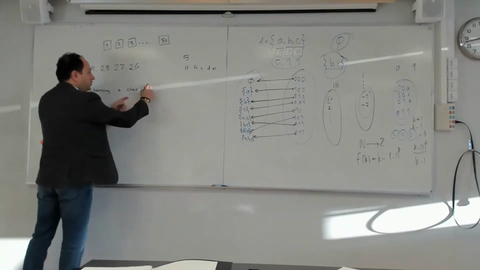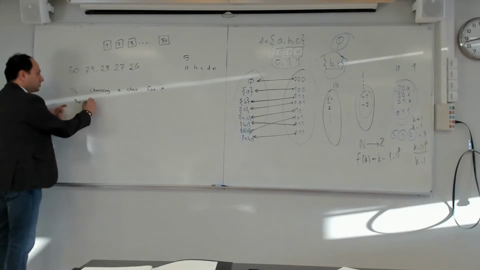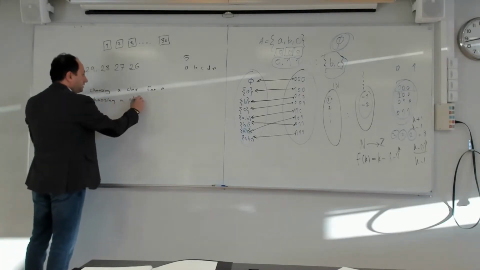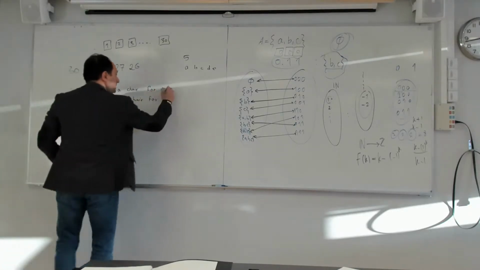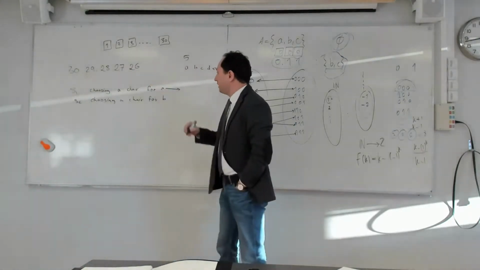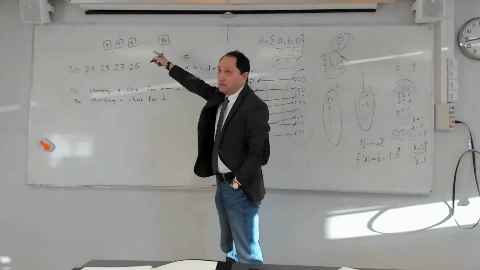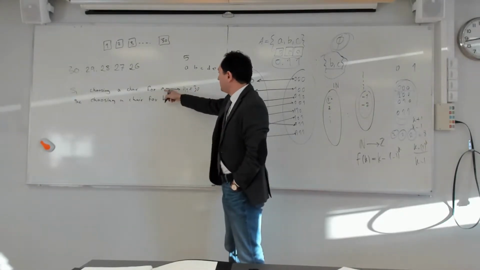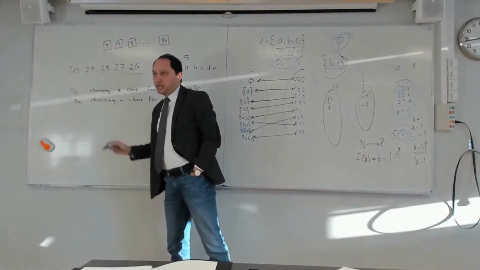Stage 1: choosing a chair for A. Stage 2: choosing a chair for B. Can you tell me how many choices I have for stage 1? 30. Yes? How many options do I have here after this person has taken a place? 29. And this is why I come to this answer.